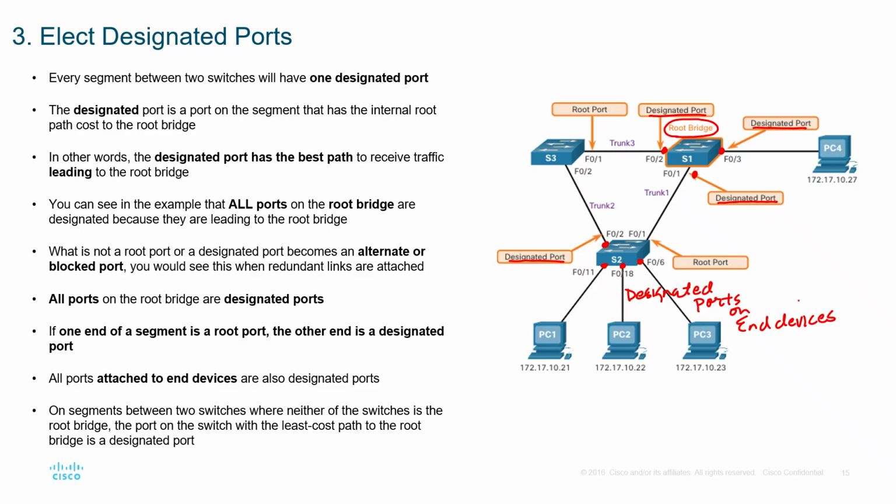On segments between two switches, where neither of the switches is the root bridge, the port on the switch with the least cost path to the root bridge is a designated port.